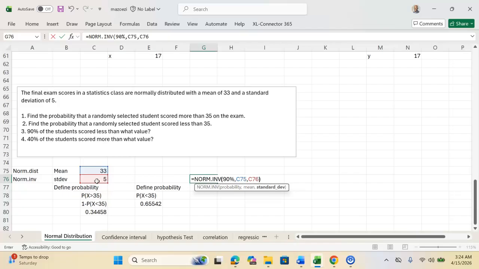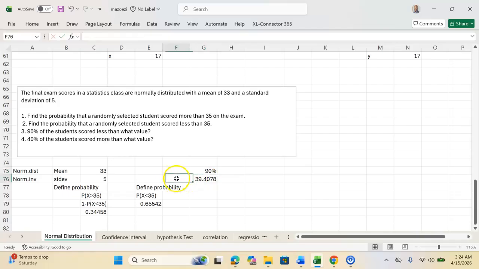Just close the bracket, and if you enter, you'll see that we have 39. So the value equals 39.